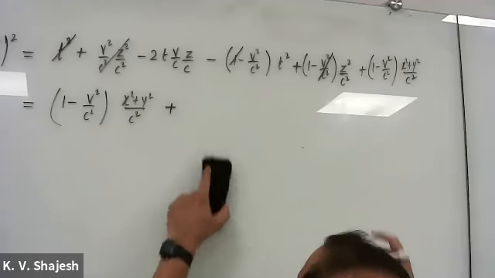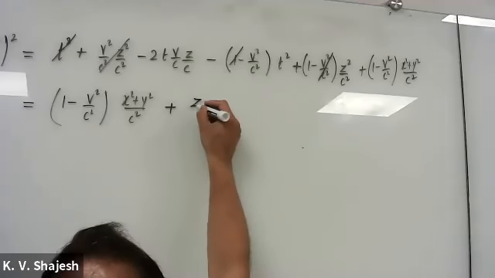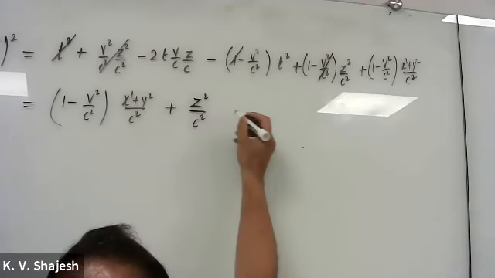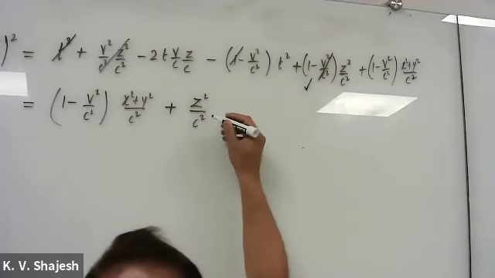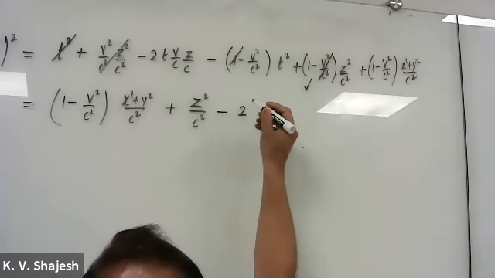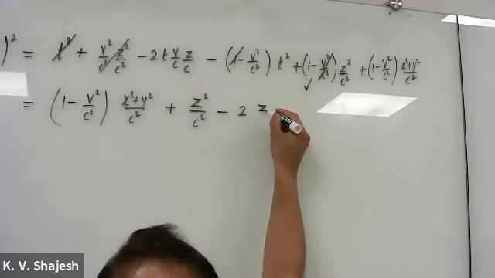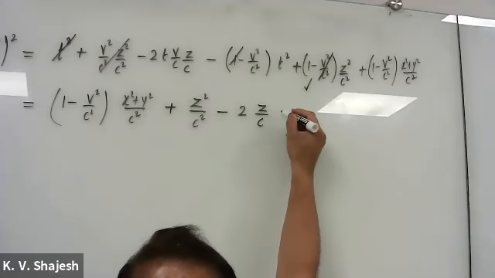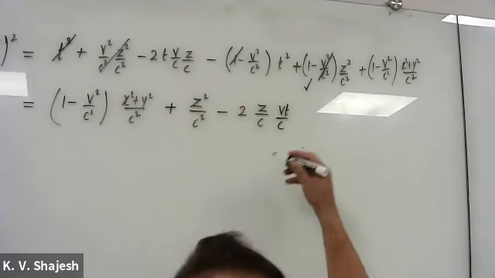Or let me write it the following way. So this is z squared over c squared. That's this term. Then there is minus 2 times z over c times vt over c. That's this.